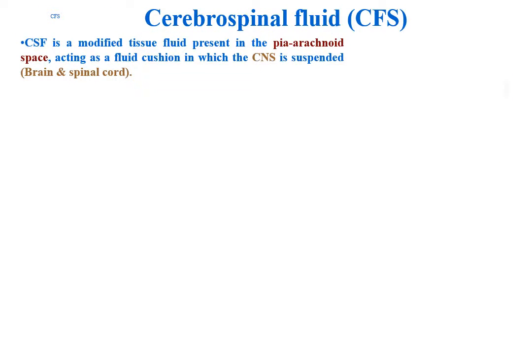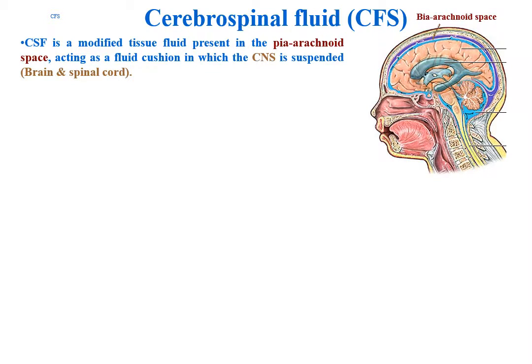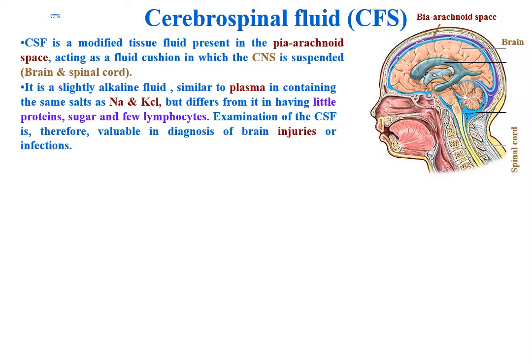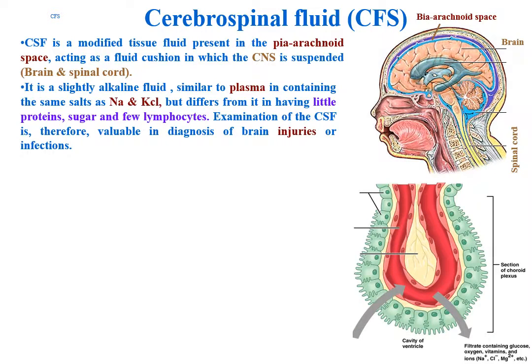Cerebrospinal fluid. Cerebrospinal fluid is a modified tissue fluid present in the subarachnoid space, acting as a fluid cushion in which the central nervous system, the brain and the spinal cord, is suspended and protected. Cerebrospinal fluid is a slightly alkaline fluid, similar to plasma in containing the same salts, such as sodium and potassium chloride, but differs from plasma in having little protein, sugar, and few lymphocytes.